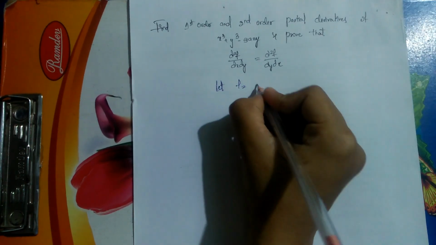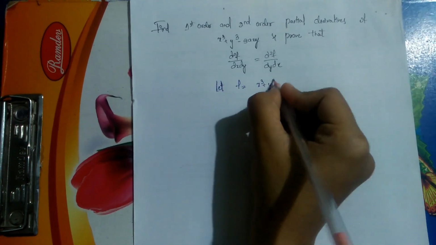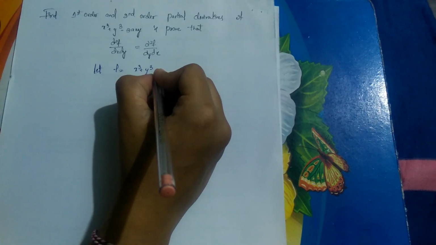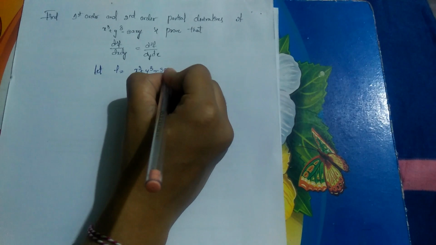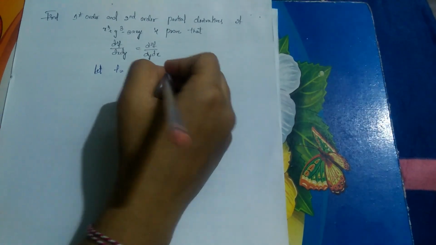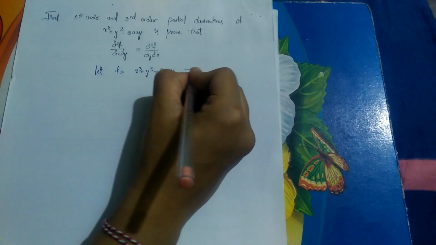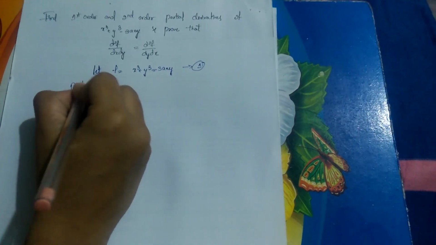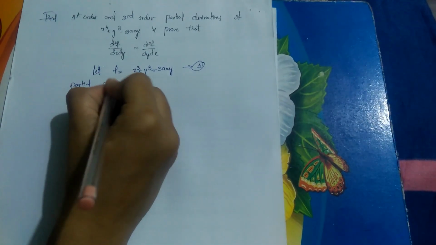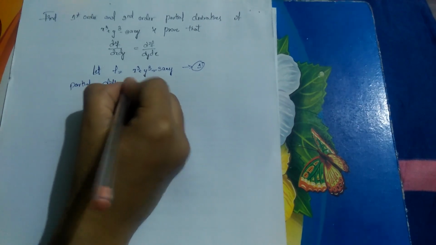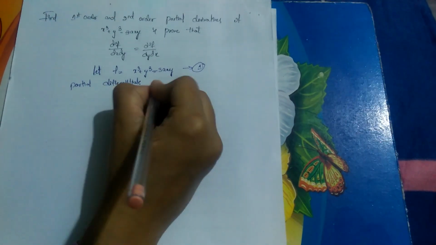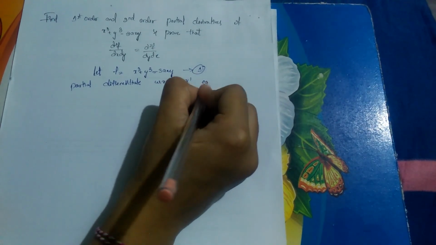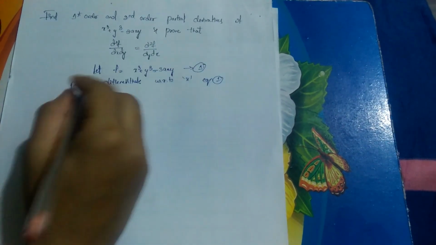Let f is equals to x cube plus y cube minus 3axy. Let this be as equation number 1. Now partial differentiate with respect to x of equation 1.